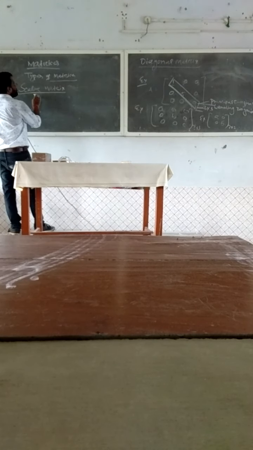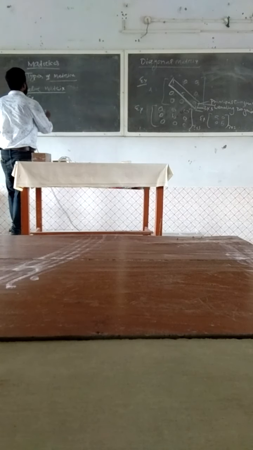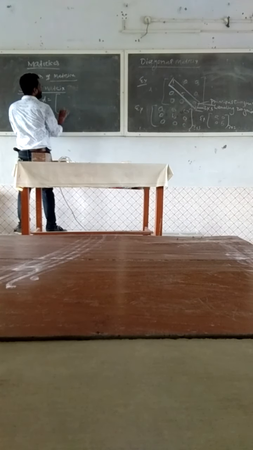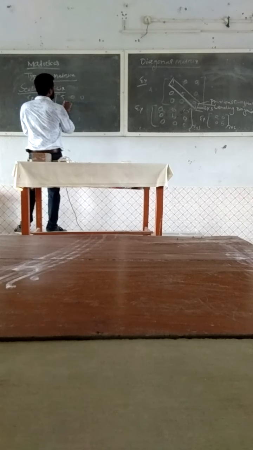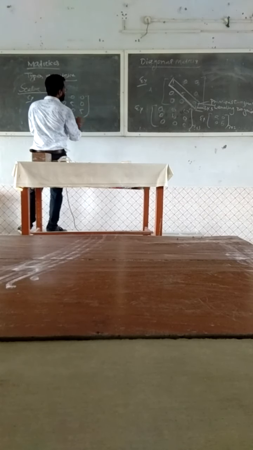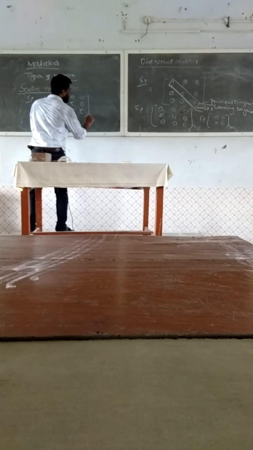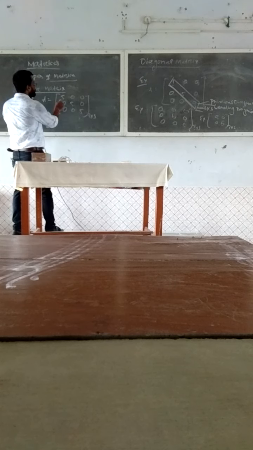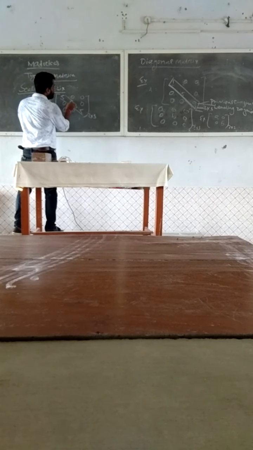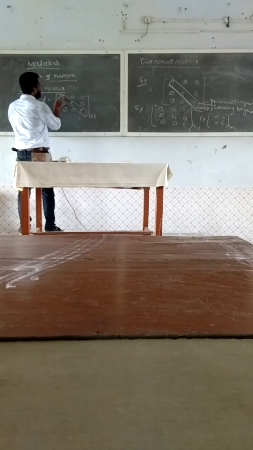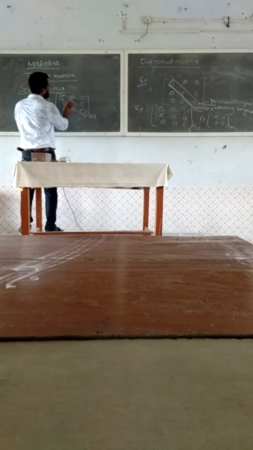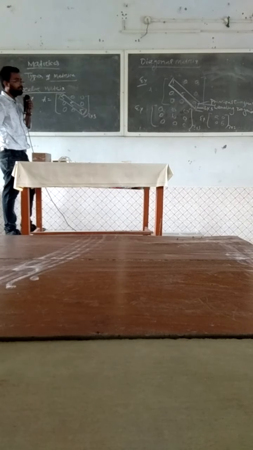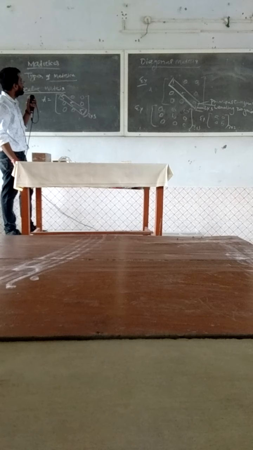First we can write an example of a scalar matrix: A equals 5 0 0, 0 5 0, 0 0 5, of order 3 by 3, and the diagonal elements are always the same. Such matrices are known as scalar matrices.